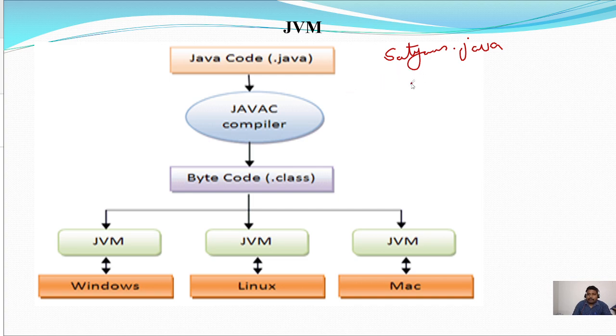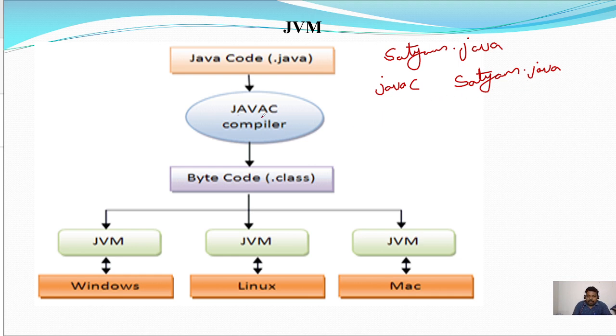So how do you compile? You save the file here, and javac is the compiler, space, file name Satyam dot Java. Because this is a Java file, that's why it has the dot Java extension here.